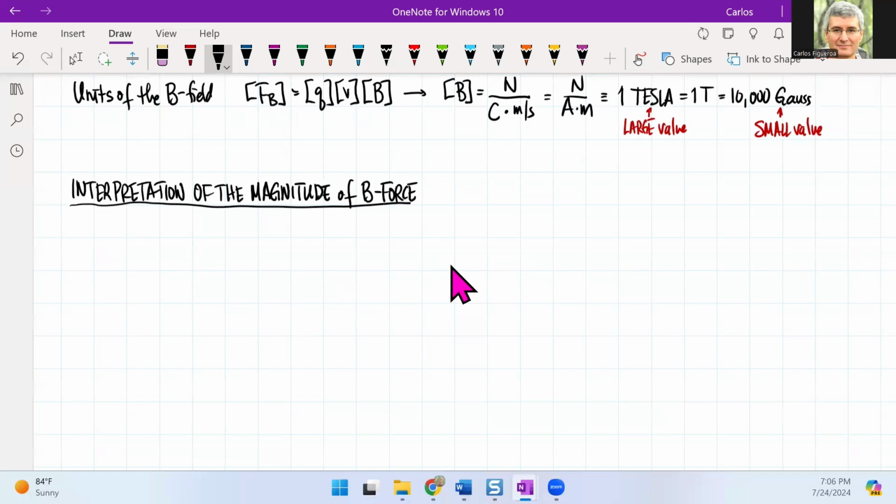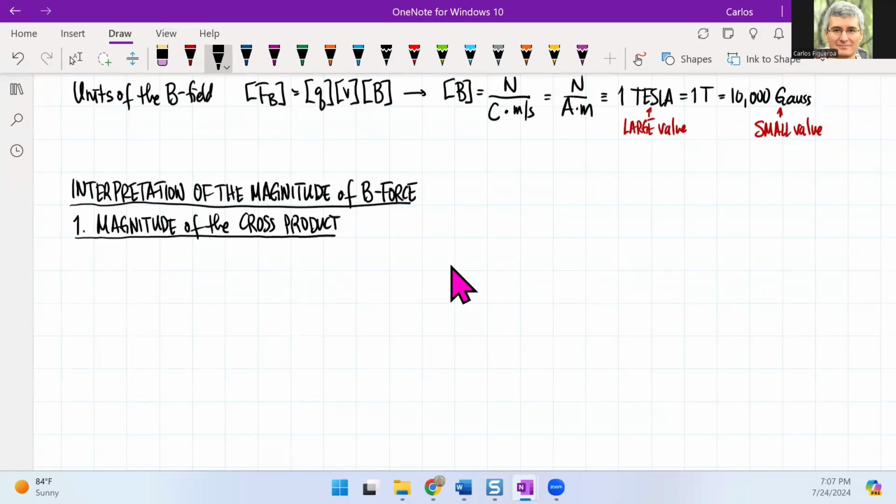There are lots of details about the magnitude of the force, but what we really want to look at first is the magnitude of the cross product, which is related to the magnetic force. So we really are looking at the definition of a cross product.